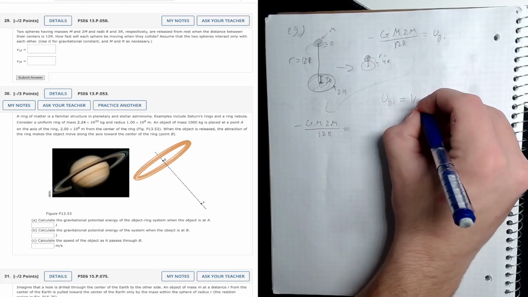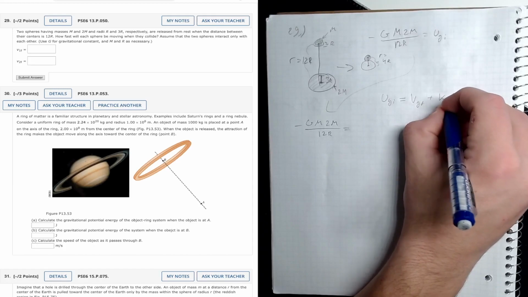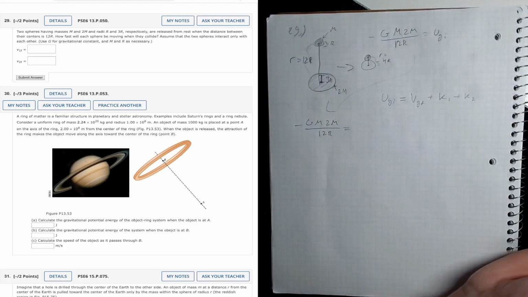equals gravitational potential energy final plus kinetic energy 1 plus kinetic energy 2 in the end, right? Right, I believe so.